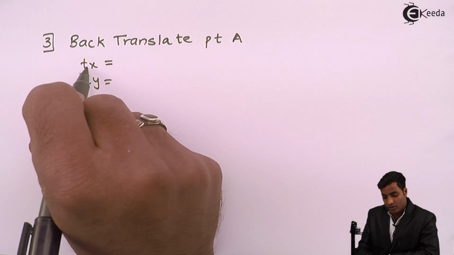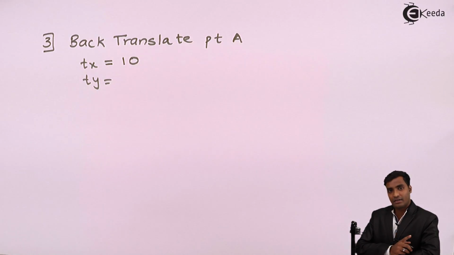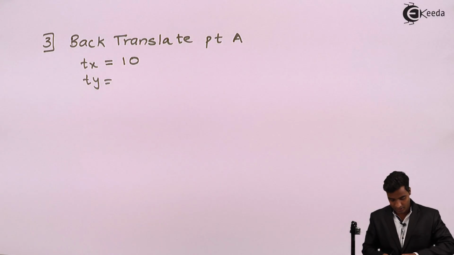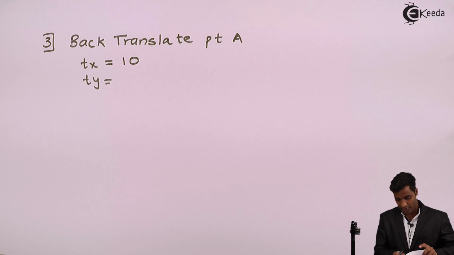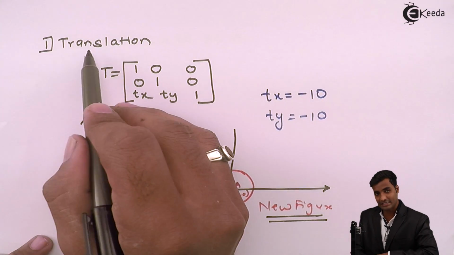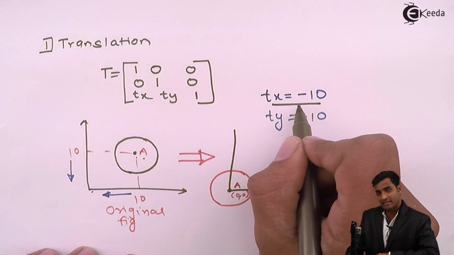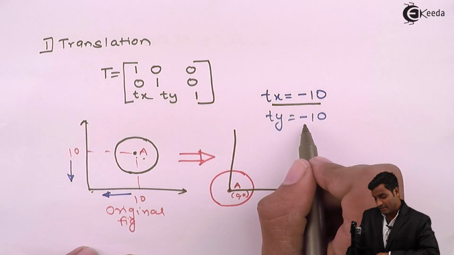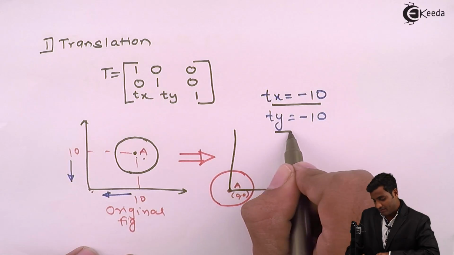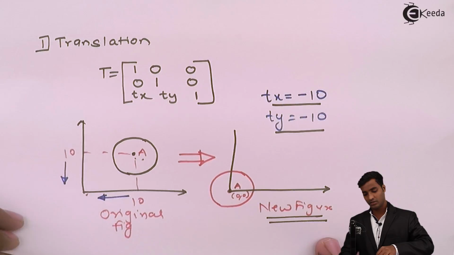In that we wrote -10 in x direction and -10 in y direction. Just the opposite of that we have to write in back translation.